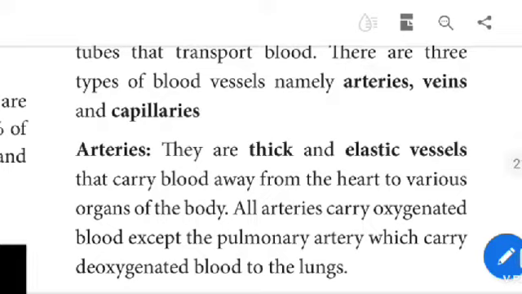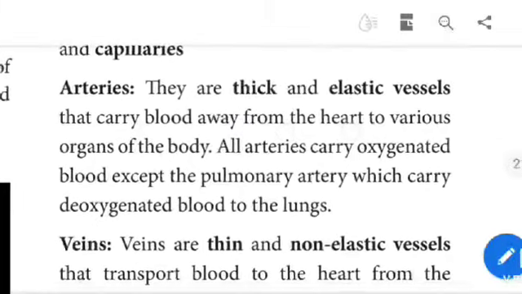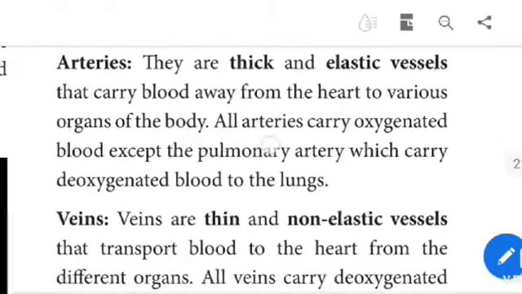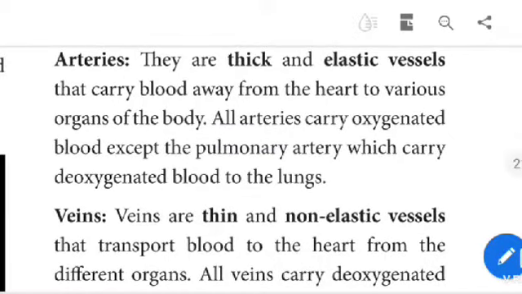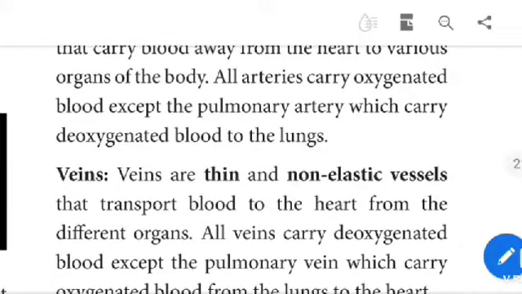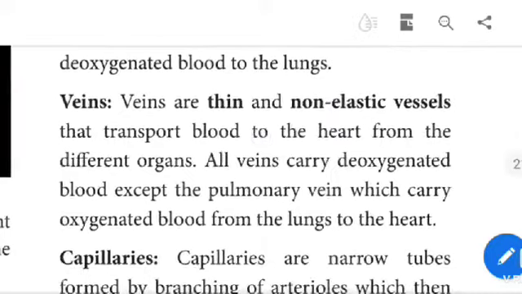Arteries are thick and elastic vessels that carry blood away from the heart to various organs of the body. All arteries carry oxygenated blood except the pulmonary artery, which carries deoxygenated blood to the lungs.